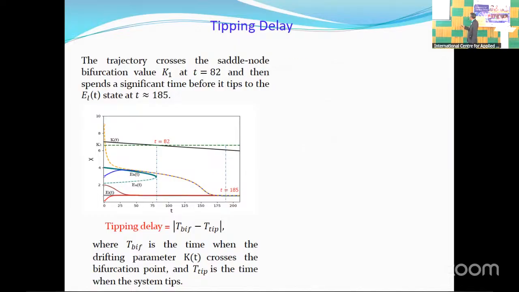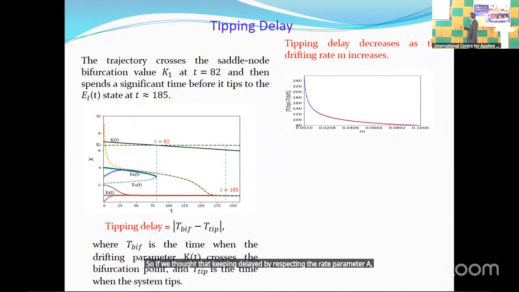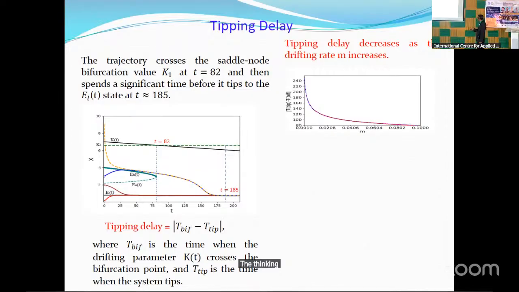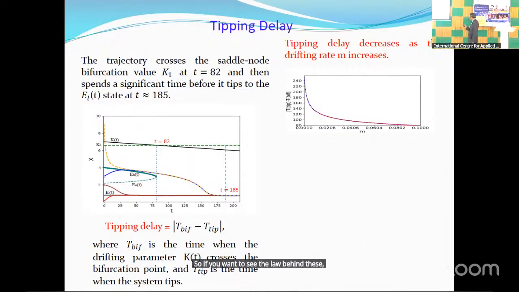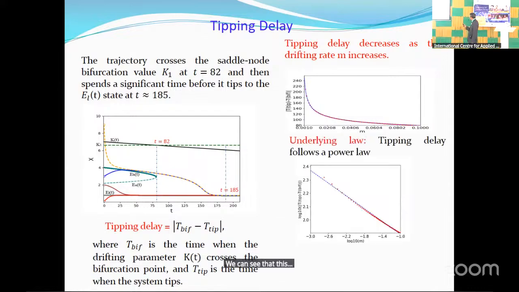We observe that as the rate parameter increases, the tipping delay gradually decreases. If we want to see the law behind this, we can see that the tipping delay follows a power law when we plot A and this tipping delay on a log scale.